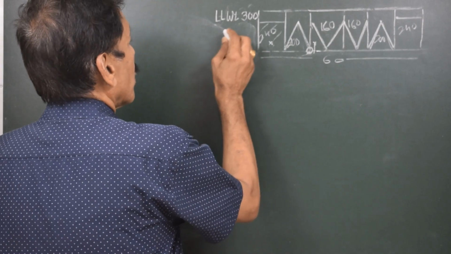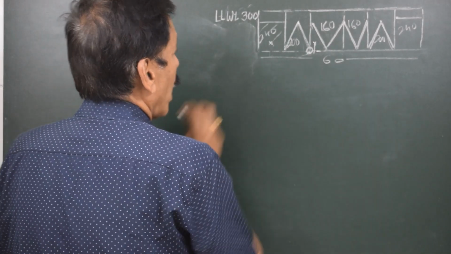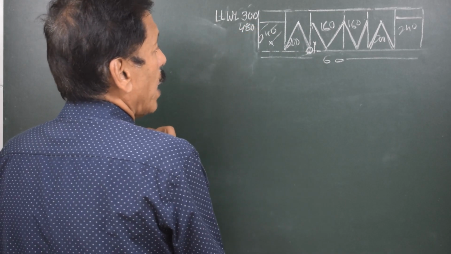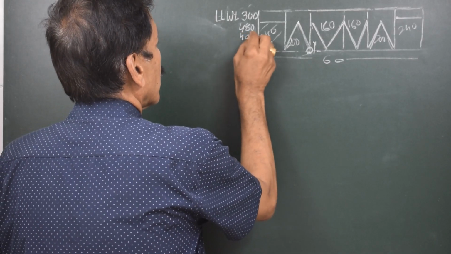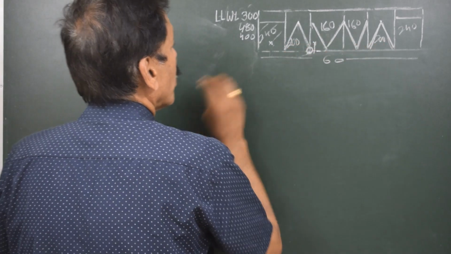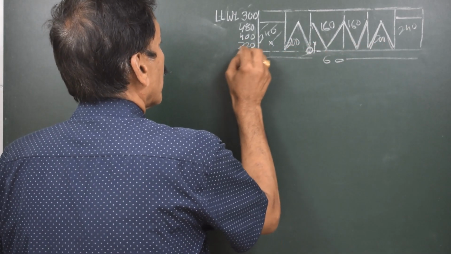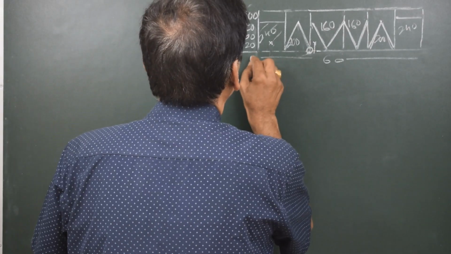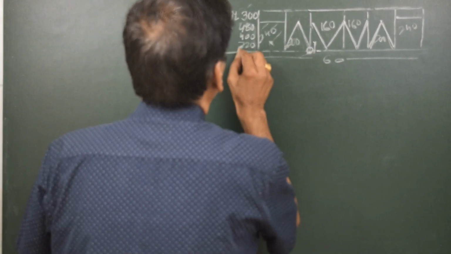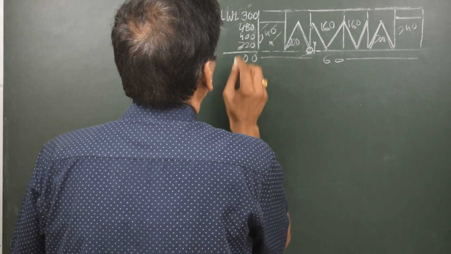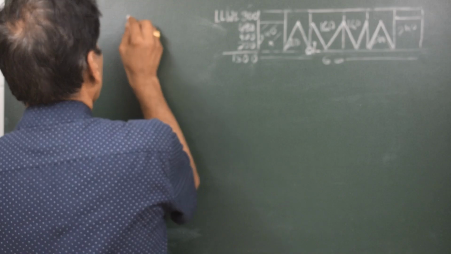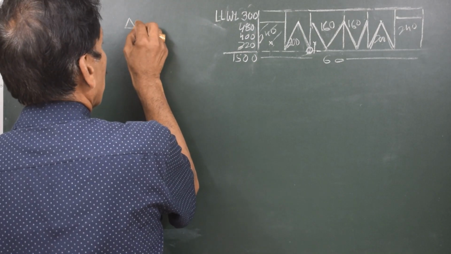Let us total down the cargo. So 480 tons from the end holds, 400 tons from these two holds, and 320 tons from the middle holds. The total is 1500 tons. Now, what is the displacement of the vessel?